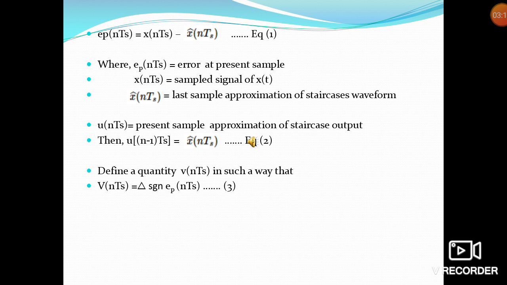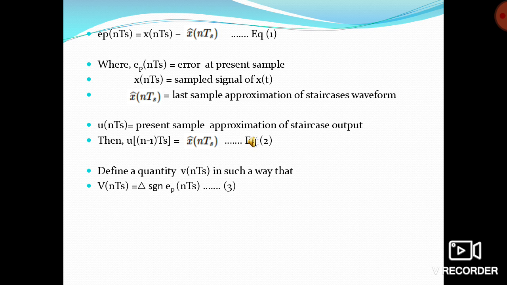The error between the sample value of x(t) and the last approximated sample is given by ep(nTs) equal to x(nTs) minus x^(nTs), where ep(nTs) is the error at the present sample, x(nTs) is the sample signal of x(t), and x^(nTs) is the last sample approximation of the staircase waveform.